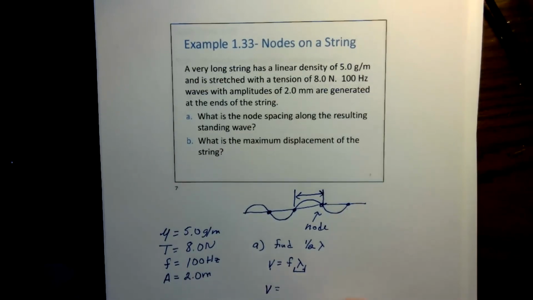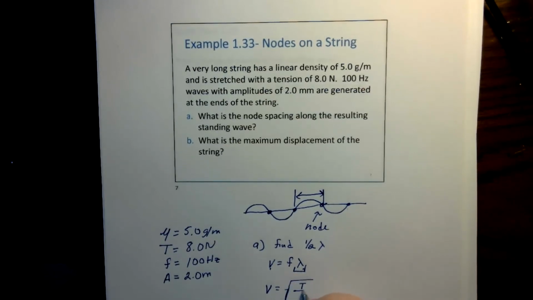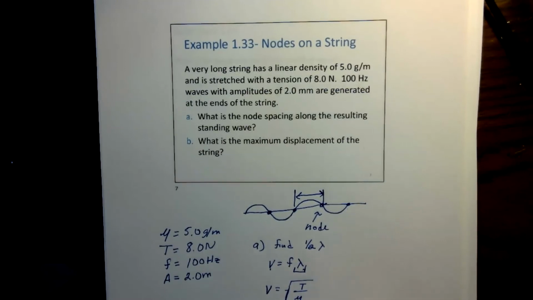Velocity is equal to what for a wave on a string? Take a moment, look it up. Pause the video if you need to. Okay, velocity is equal to the square root of tension over the linear density. Remember, we have to convert everything to standard units, which means you have to convert your linear density.